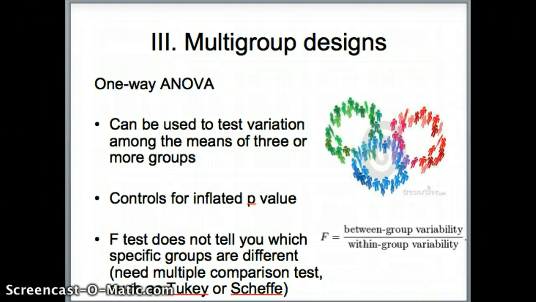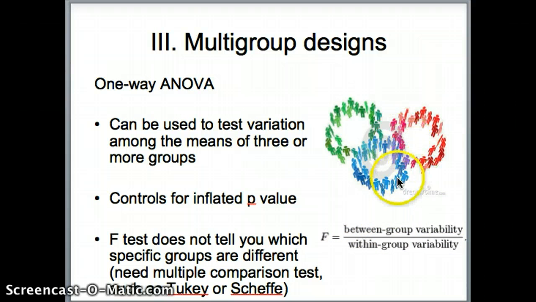The one-way ANOVA is a little more sophisticated in that it calculates the F value, or the F ratio. If you remember, we had the t value with the t-test, but the F ratio here is an analysis taking into account between group variability and within group variability.